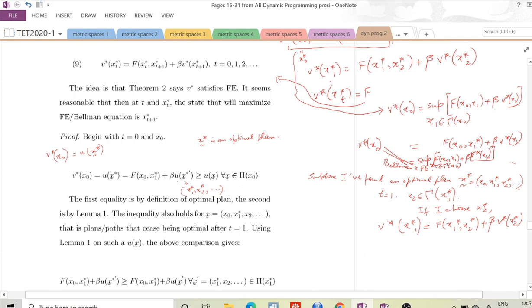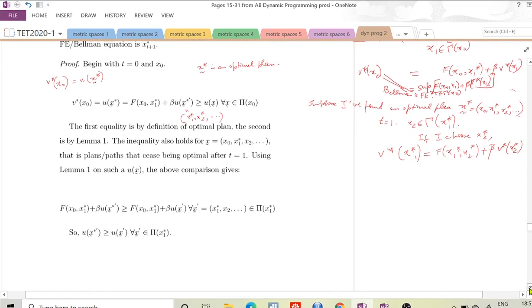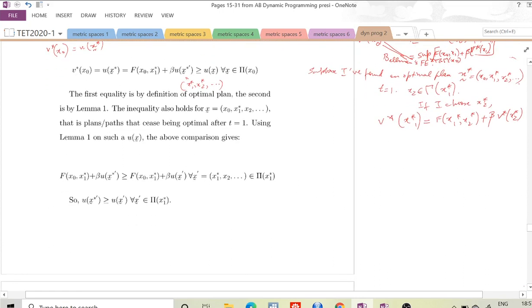Okay, so now notice that x tilde star is an optimal plan, so it attains the sup, and so this must be greater than or equal to u of x tilde for all feasible plans, right? Because all feasible plans must give some discounted present value that is less than or equal to the sup.